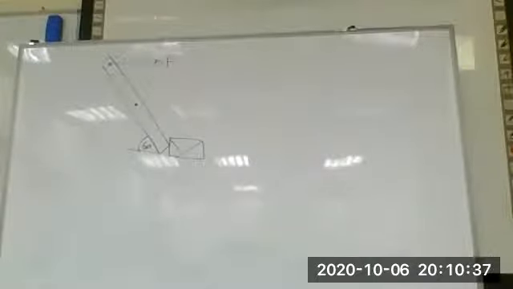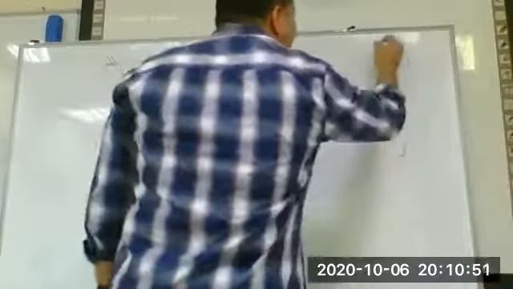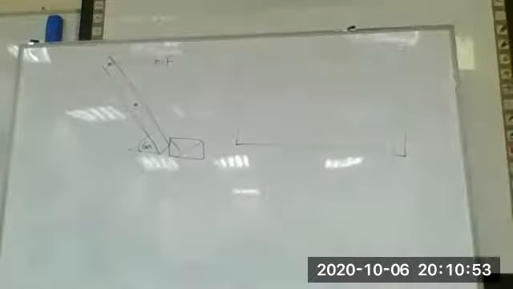So the point we are pulling on the wall. What does it mean? The wall is like that. But if you look at it from here, I will find the wall like that.